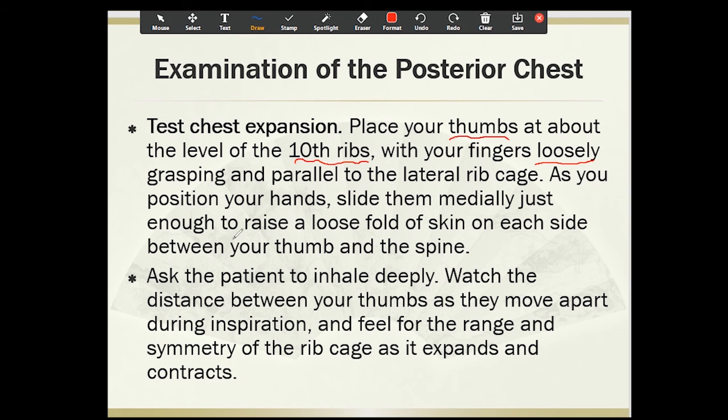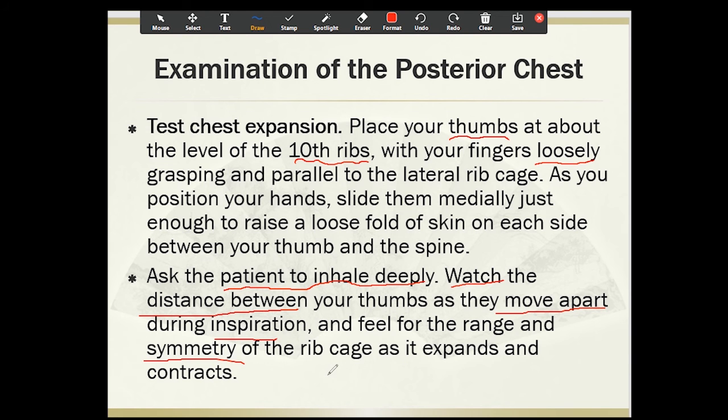And then ask patients to inhale deeply, and watch the distance as they move separate. Basically, normally both sides should be the same.